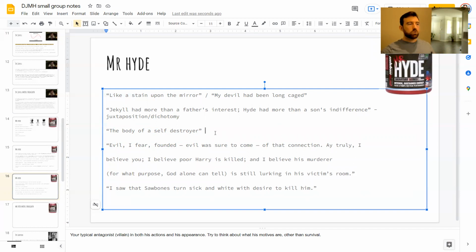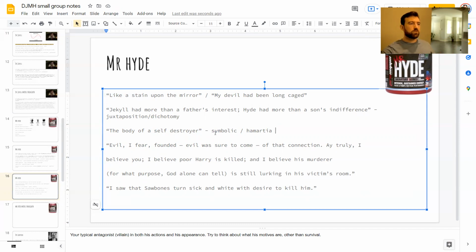But what's interesting about this quote is it is also sort of symbolic, and you could call it Mr. Hyde's hamartia to some extent, his fatal flaw. I don't know if I would 100% say Mr. Hyde is a dynamic character, but a developed enough character to have a hamartia.